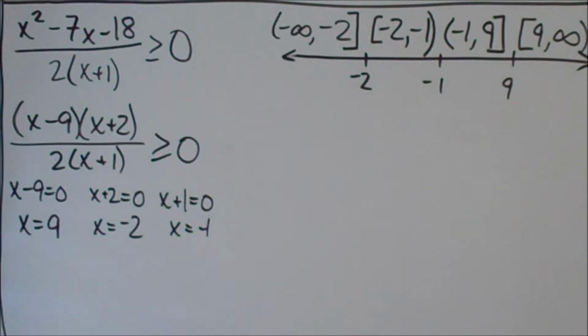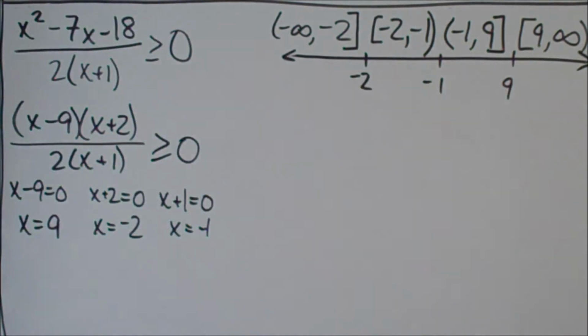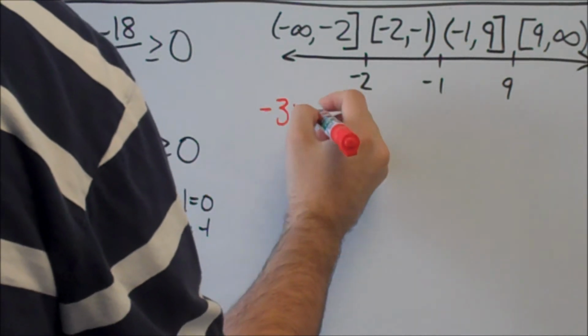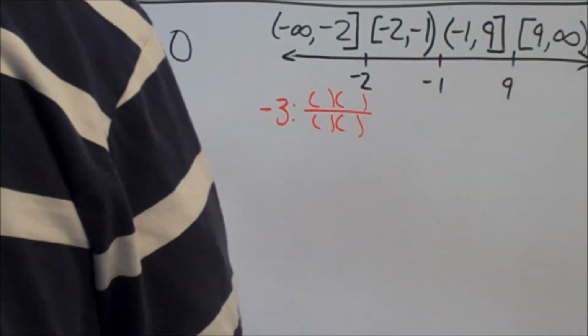So now we want to pick test points in each of these intervals and plug them in. Let's pick negative 3. We plug it into our fraction.